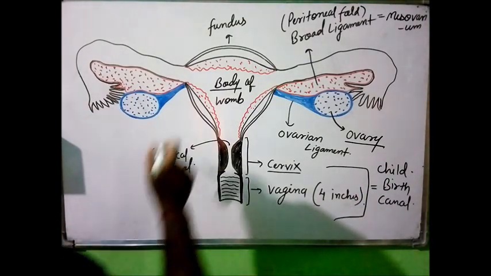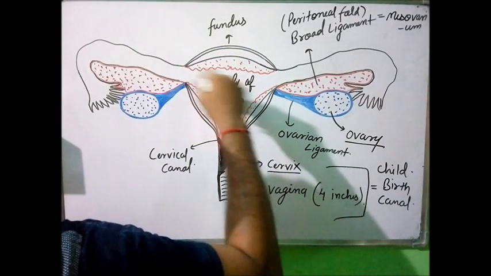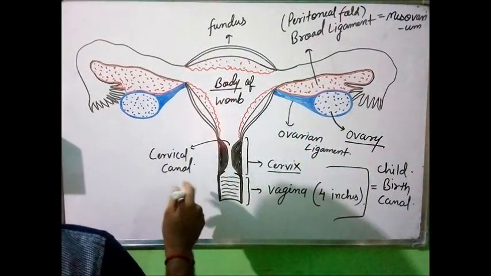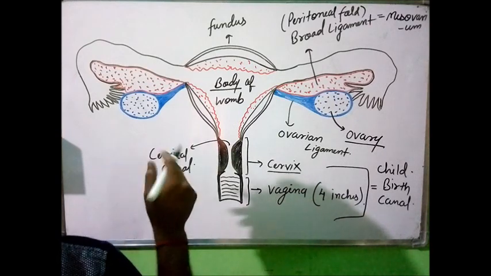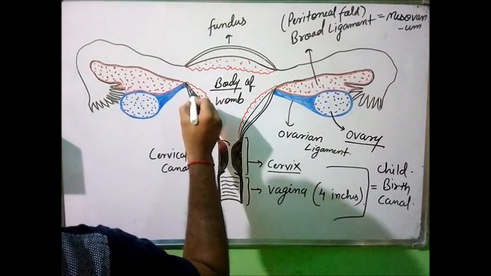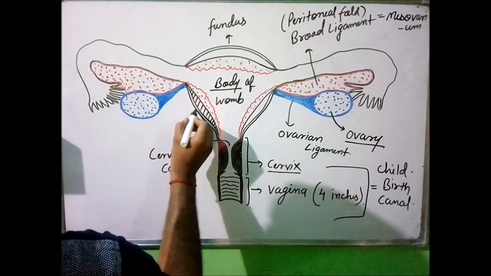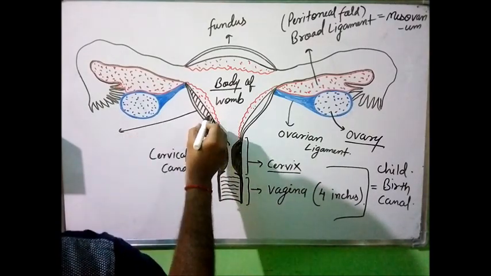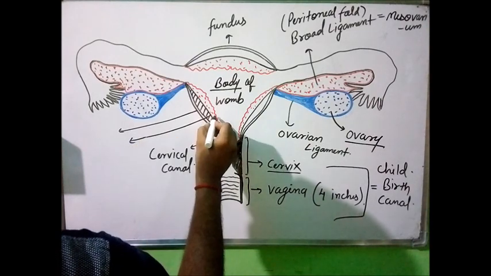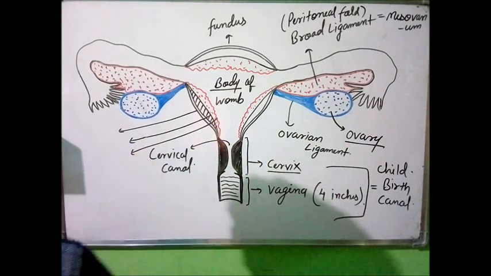Now if we look at the uterus, the wall is divided into 3 layers. You can see I have made the 3 layers, and I am differentiating them here by making a few dots. These 3 layers are the outer one, then the middle one, and then the red one, which is the innermost layer.